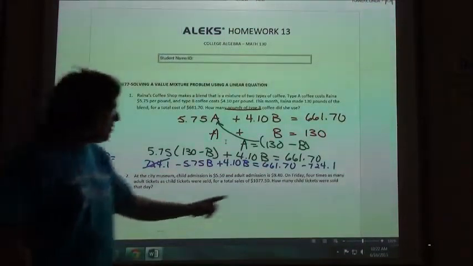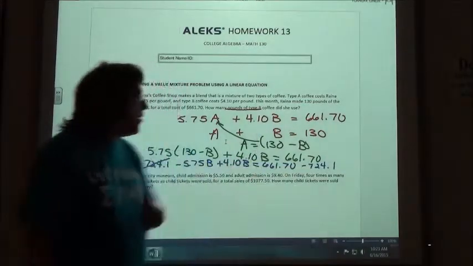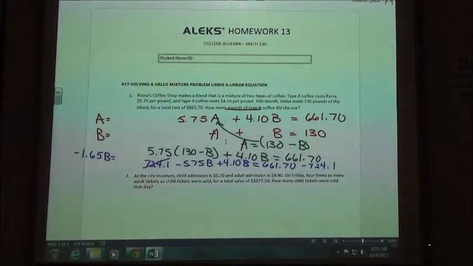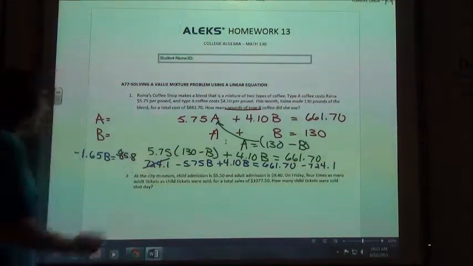That's going to equal 661.70 minus 747.5, negative 85.8.